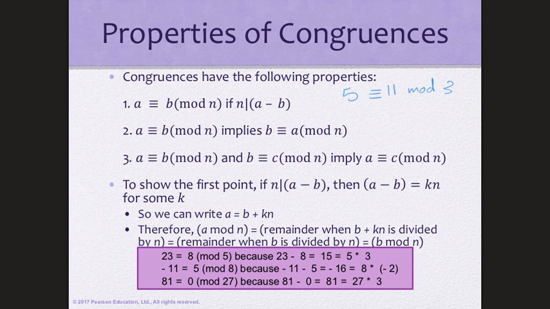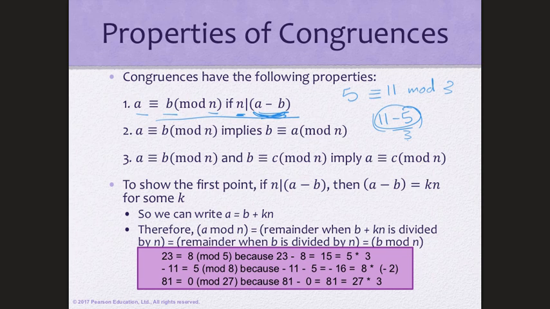So this immediately means that 11 minus 5 can be divided by 3. 11 minus 5 is equal to 6, and 6 is a number that can be divided by 3. So 3 is a divisor of the difference. This is what we say here: if a is congruent to b mod n, then n is a divisor of the difference between those two numbers.